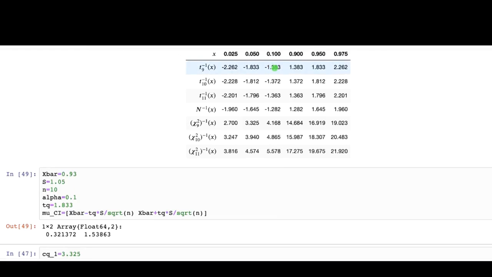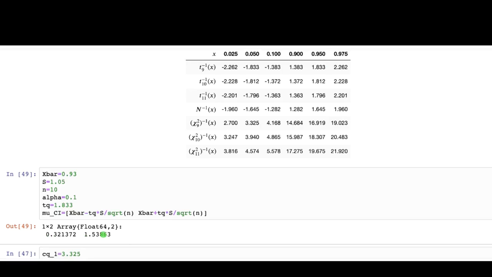Furthermore, we want alpha equal to 0.1, so 1 minus alpha over 2 is 1 minus 0.05, that's 0.95, and hence we're interested in this quantity 1.833. So the t quantile we're interested in is 1.833, and the confidence interval is then given as follows. It's x bar minus the quantile times the standard deviation over the square root of n, and similarly x bar plus the quantile times the standard deviation divided by the square root of n, and we get a confidence interval that is from 0.32 to 1.53.